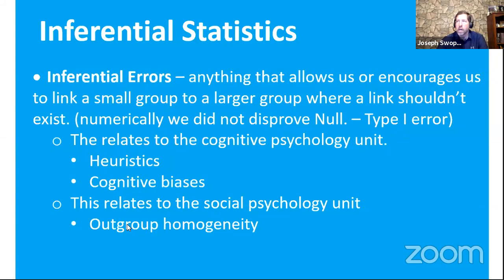If you see behavior of someone you think is different than you, the outgroup, them, and they're doing bad behavior, you're going to take that one individual small sample. And unfortunately, many people, all of us to some extent, are going to take that bad behavior of a person who's not like us and say, oh, that's how they all are. That would be an inferential error.